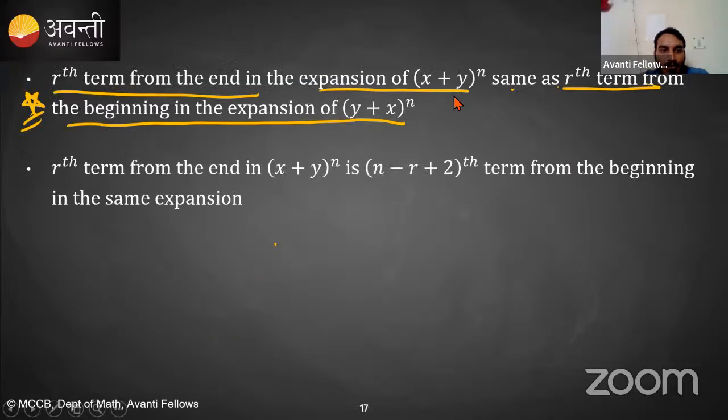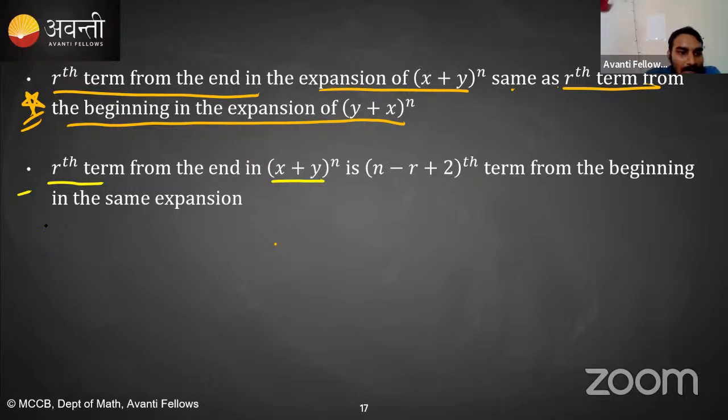Okay. So similarly, you can say that the rth term from the end in the expansion of (x + y)^n is the (n - r + 2)th term from the beginning in the same expansion, right?